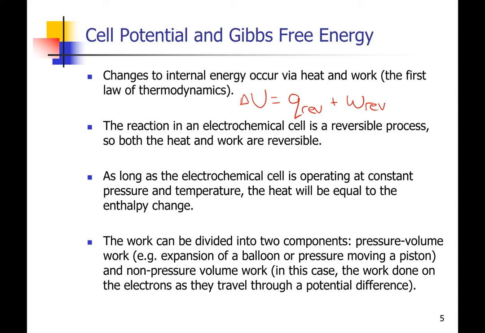And the work term can be divided into two subcategories. There's pressure volume work, which typically involves the expansion or compression of a gas. And there's non-pressure volume work, which is all the rest. The work done by an electrochemical cell does not involve expansion or compression of a gas, and so it is therefore non-pressure volume work.